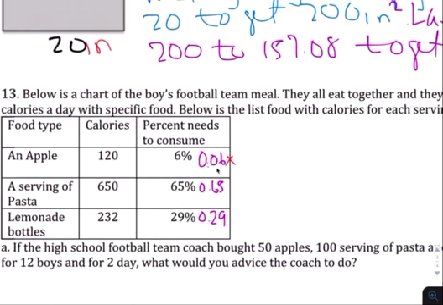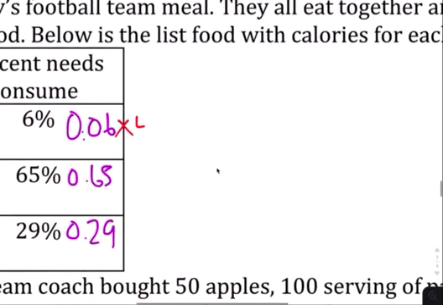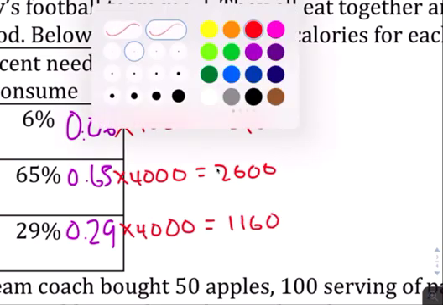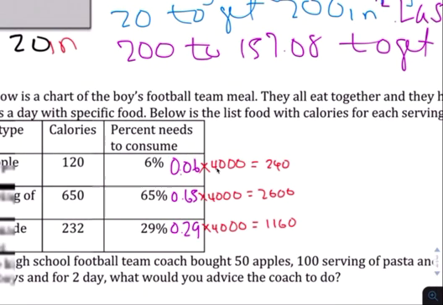Multiply it to the 4,000 times 4,000 times 4,000 and you get 240, you get 2600, and then times 4,000, 1,160, and then divided by the calories that are here, 120.